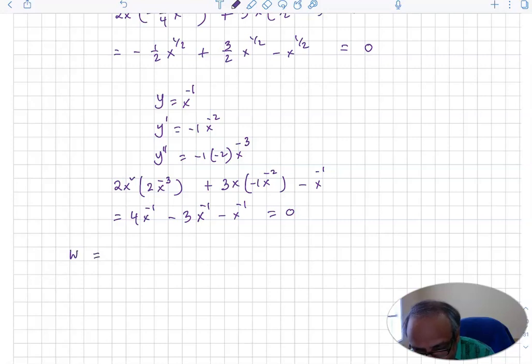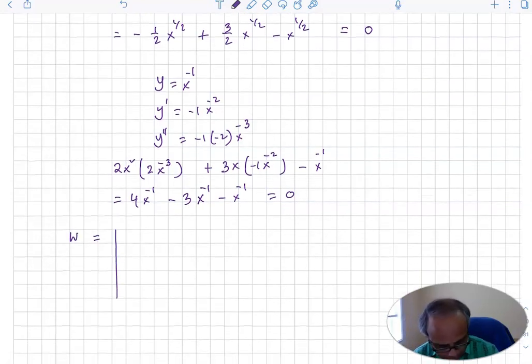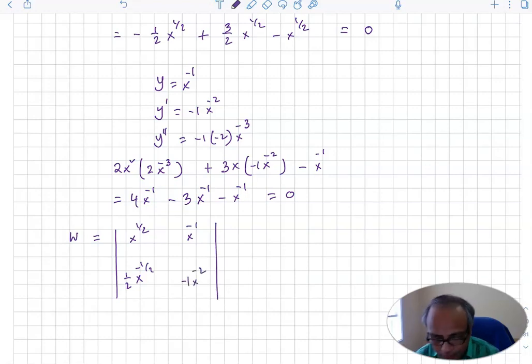Now you calculate the Wronskian. X to the power half, x to the power minus 1. Write down the solutions, or the functions, in the first row. Then the second row will be the derivative of the first row, minus 1 x to the power minus 2. Okay, and then cross multiplication: x to the power half times minus x to the power minus 2, minus half x to the power negative half times x to the power negative 1.